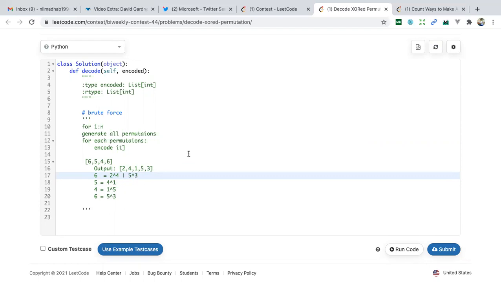If we find a list of all these XORs, from there we can try to generate the original numbers, right? If we can find which combinations of numbers XOR to 6, we can try all the combinations and generate the solution, with backtracking.